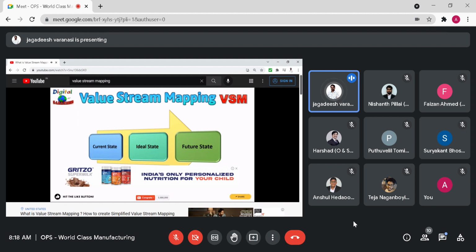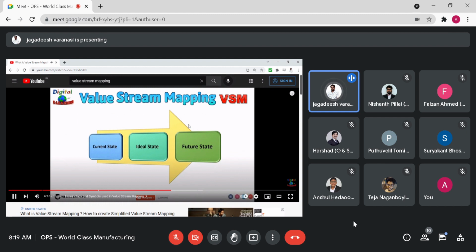Secondly, people who actually perform the task, maybe the operators, the assemblers or technicians, can answer questions and clarify any misconceptions or preconceived notions on how the tasks are being performed. So once your team has gathered and reviewed the information obtained while walking the flow, draw the value stream map of current state.